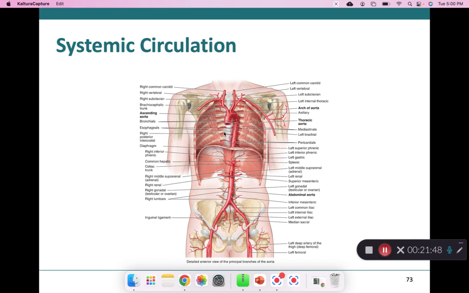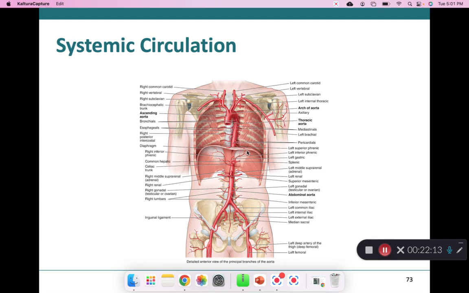Okay, and then we have the posterior intercostals here. Intercostal is for the muscles of the ribs. Okay, so that feeds the muscles of the ribs. And then we have the superior phrenic arteries, and phrenic, if you remember from nerves, that feeds the diaphragm.